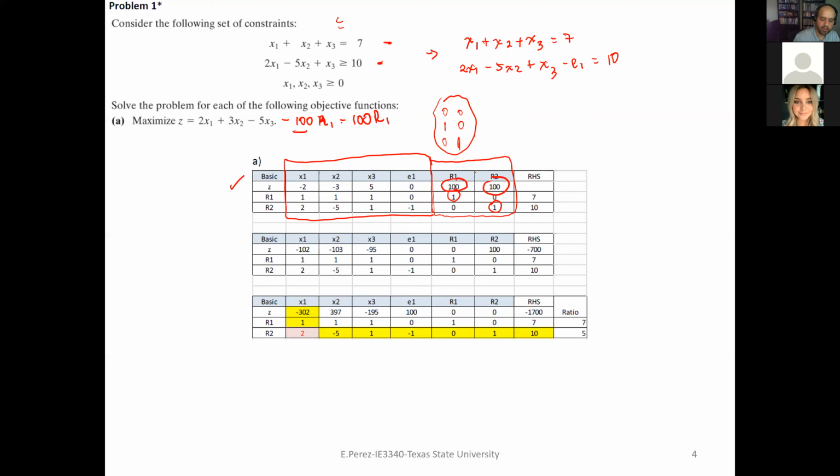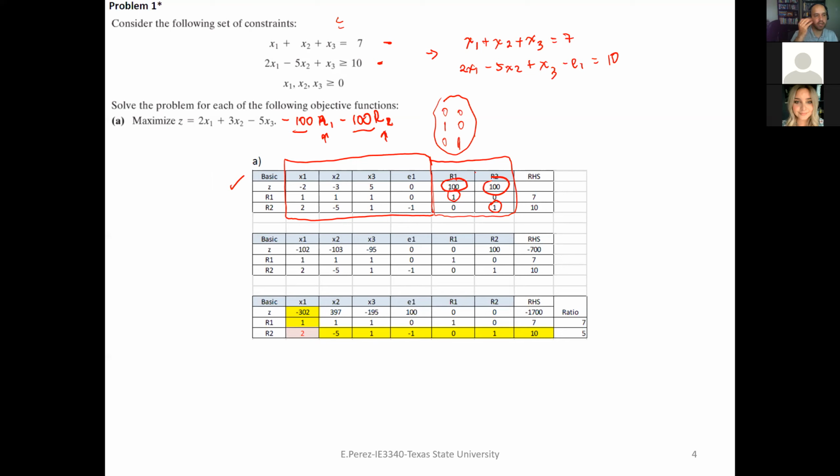We want to subtract them because we know that if we increase R1 and R2, that's going to impact our maximization negatively, right? So we want to use the artificial variables only to find an initial solution, and the way we do that is by penalizing them in the objective function.